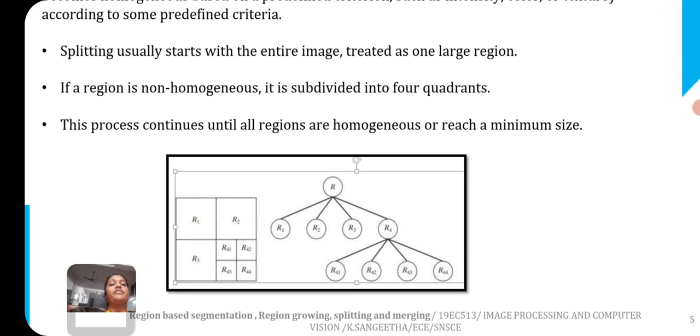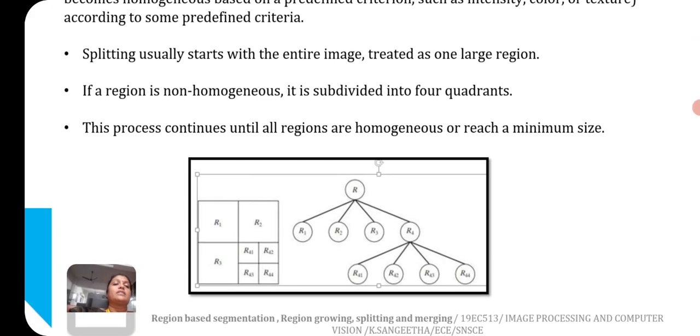So in this figure, there are 4 regions. The total image is considered as an entire image, and in this no homogeneity is present.